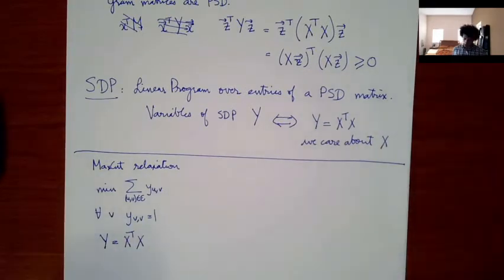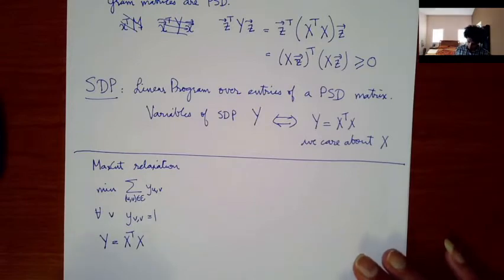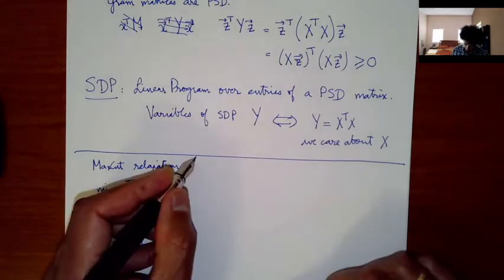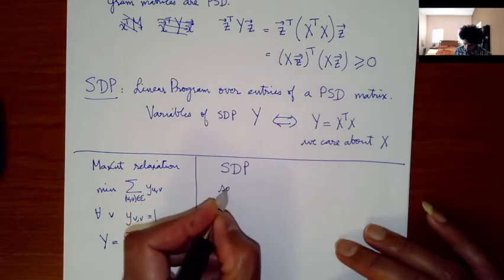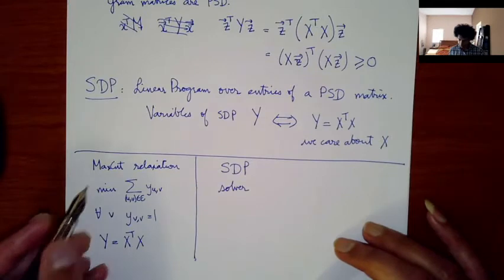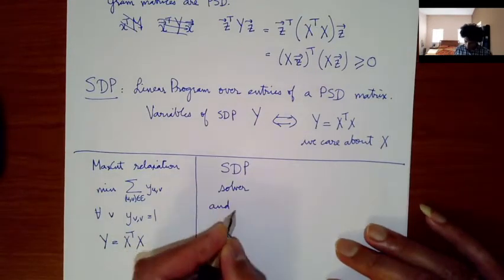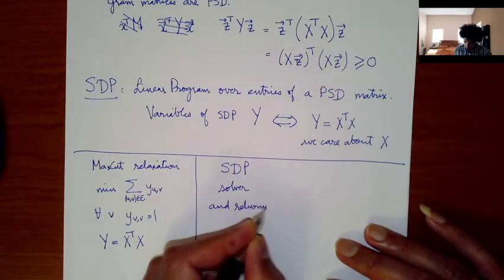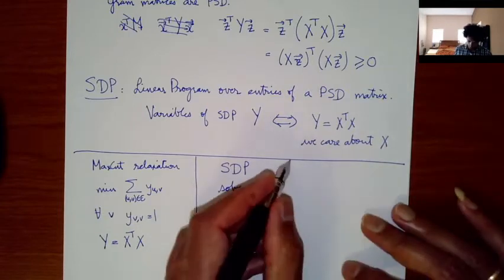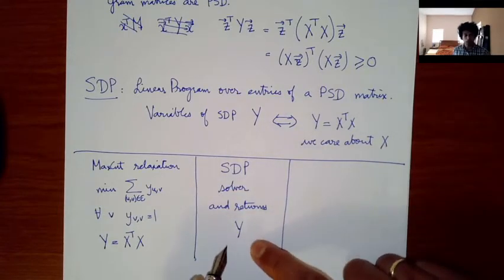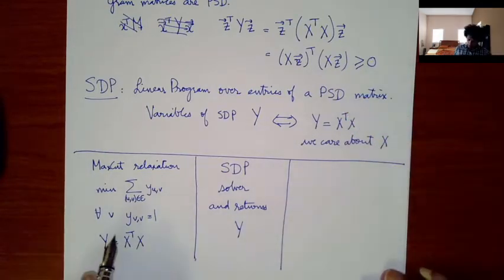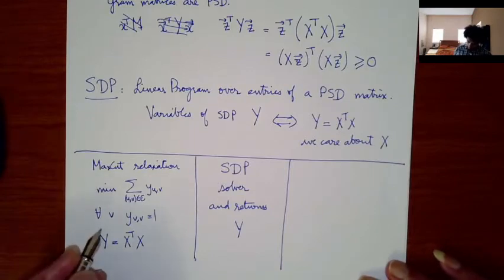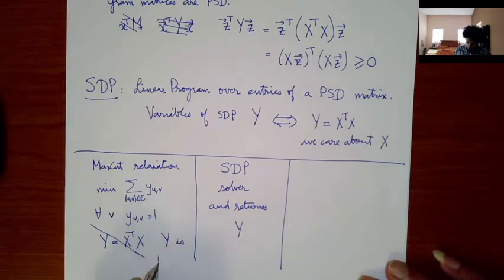This is the Maxcut relaxation. So the SDP solver basically takes this and returns y. It returns a PSD matrix. So the Maxcut relaxation would simply be, we'll scratch that out and just say y is a PSD matrix.